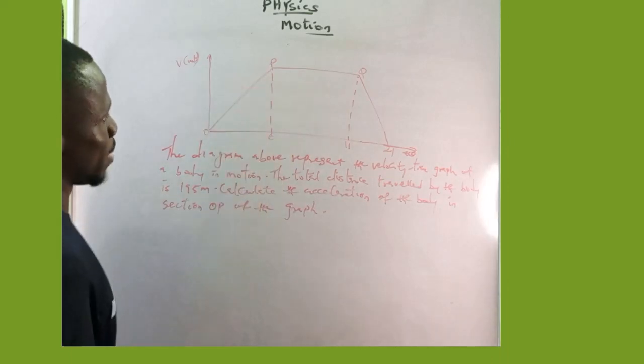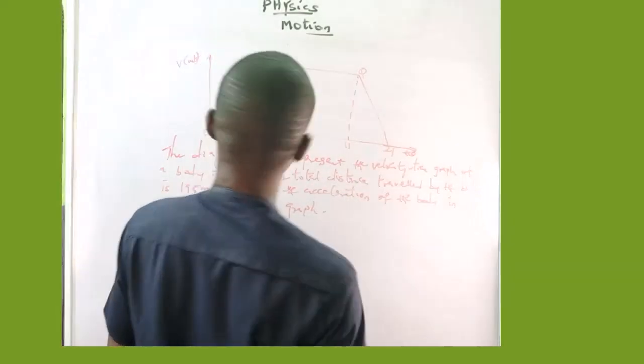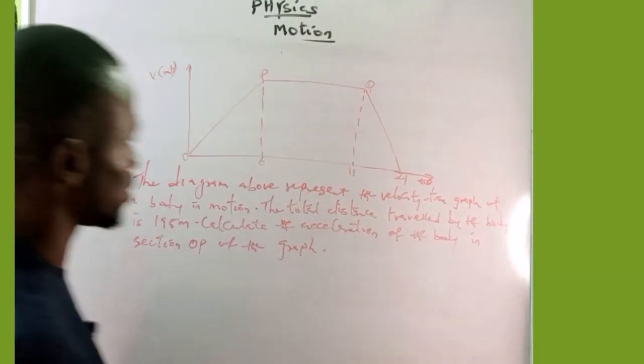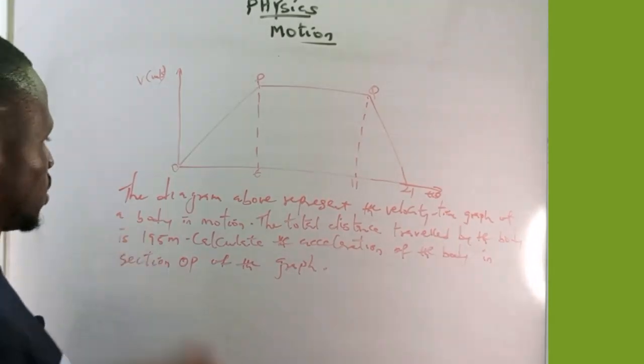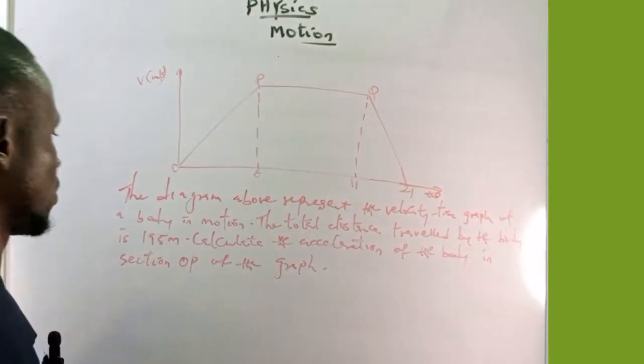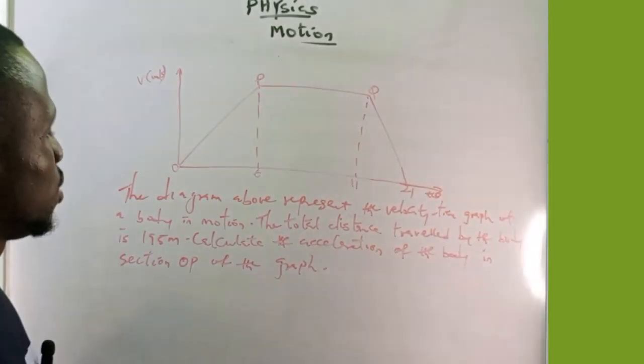This is a velocity time graph because here is velocity, here is time. So the diagram above represents the velocity time graph, yes, of a body in motion. The total distance traveled by the body is 195 meters. I want you to take note of this.